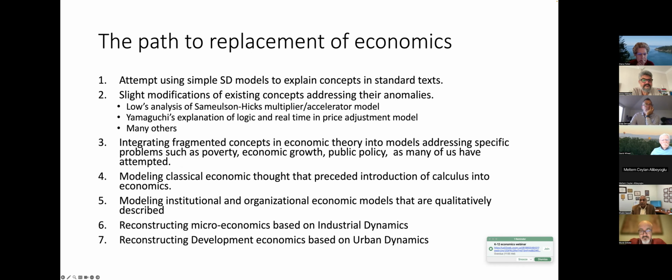A path for transforming current models into a verifiable theory must begin with replacing calculus with its verifiable form, which is stocks and flows that Forrester devised, and that we can do in the framework of the existing curricula that we might teach in economics.